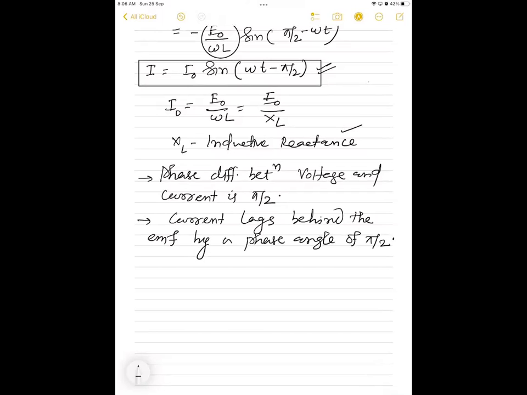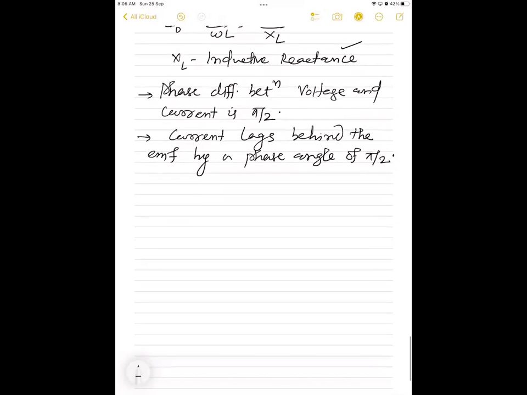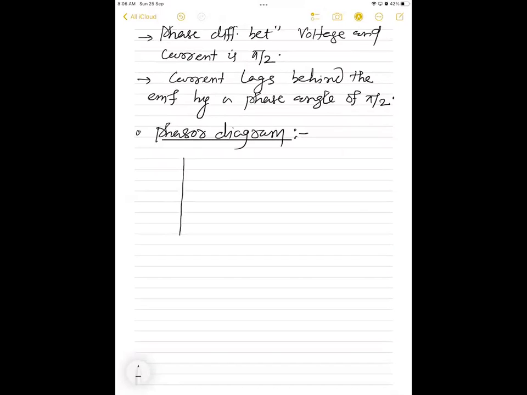Then phasor diagram. अगर फेजर डायग्राम ड्रॉ करेंगे, ये मान लो EMF का, राइट, जैसे हम लेते थे यहाँ पर I और E, and this is for omega t.